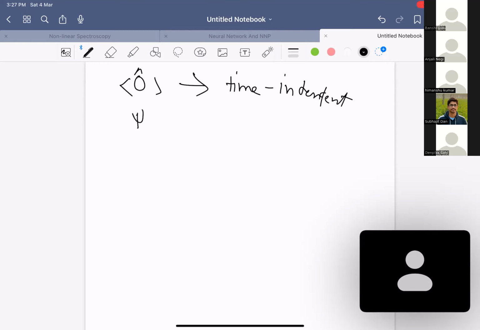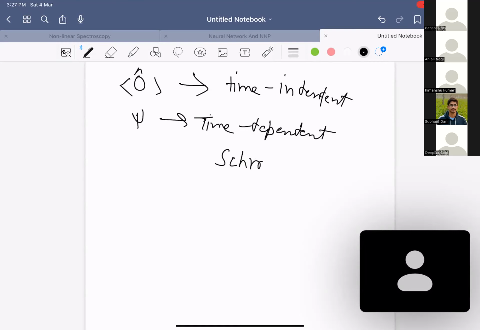And this wave function is basically where the time dependence comes in. It is time dependent in the Schrodinger notation or representation.